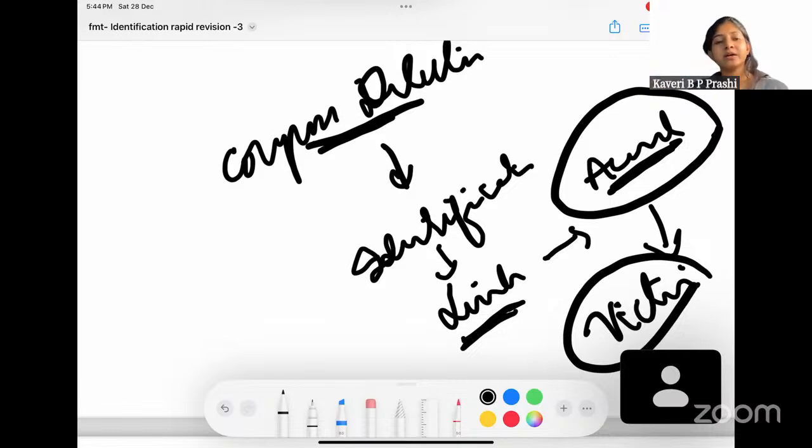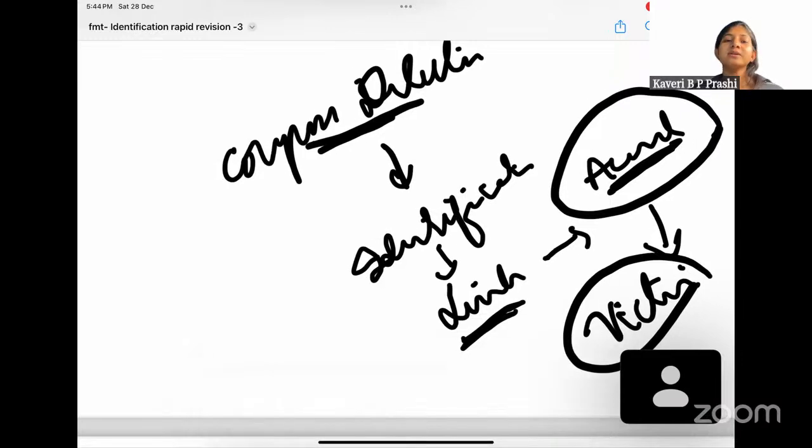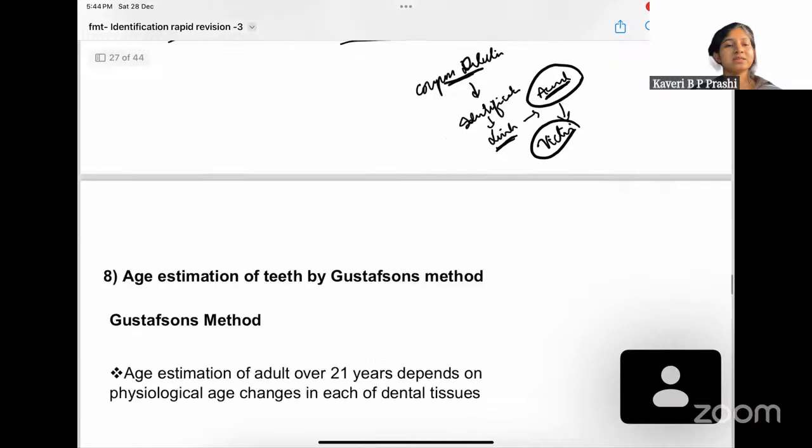There might be mud from the scene of crime on the victim's shoes, or there might be tire marks of the accused person where the victim was found. These are all the things that will help us in finding who the victim and accused was. All of this is called corpus delicti.